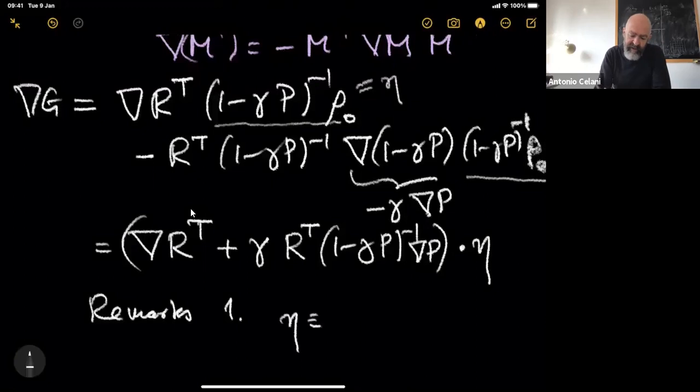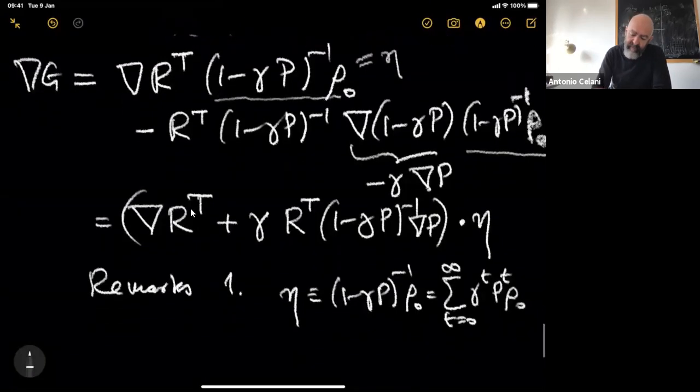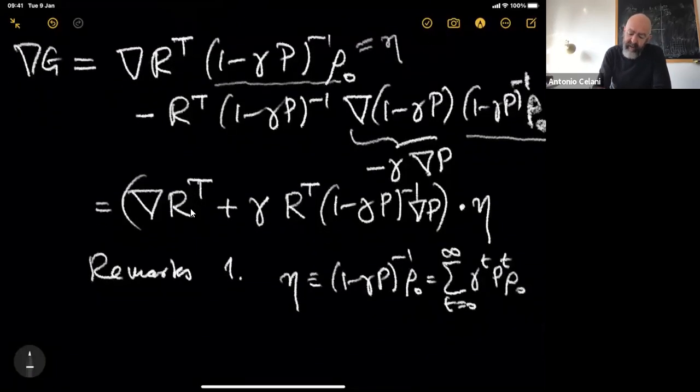Well, eta is defined as the inverse of this matrix times rho naught, which if I unfold again this object using the transition probabilities, it gives me this. But remember that rho naught is the initial distribution and P to the power t is the probability of being in a certain place after a certain number of steps.